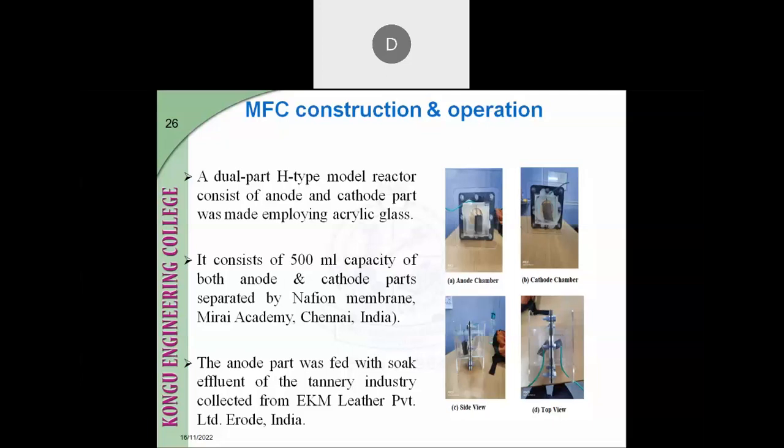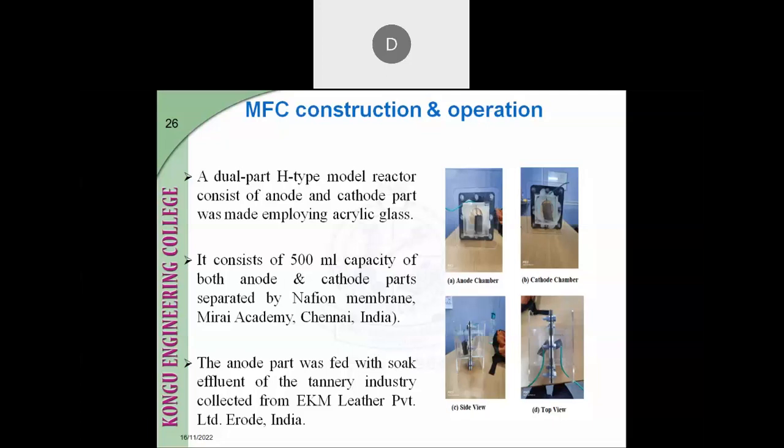The mediators can also help some bacteria move electrons more efficiently. And here, particular bacteria can transmit electrons directly to the electrode without using mediators.